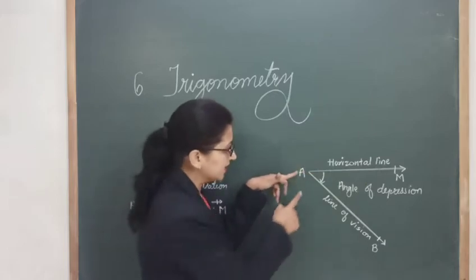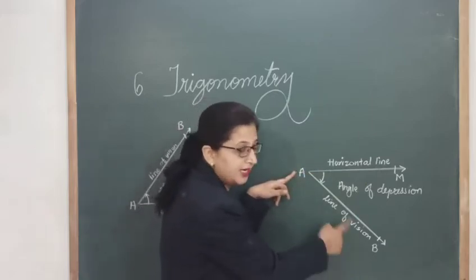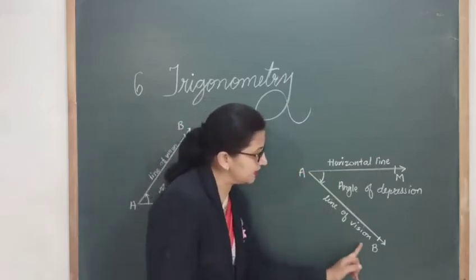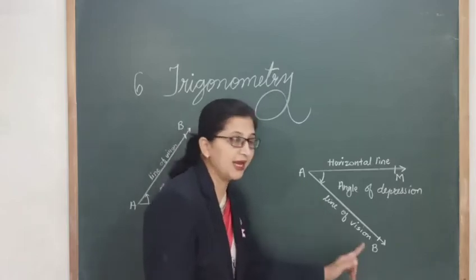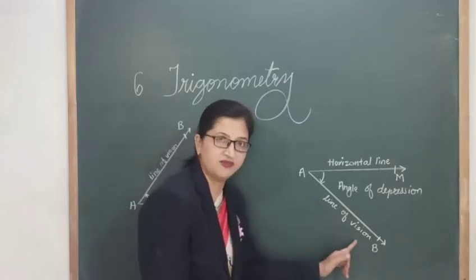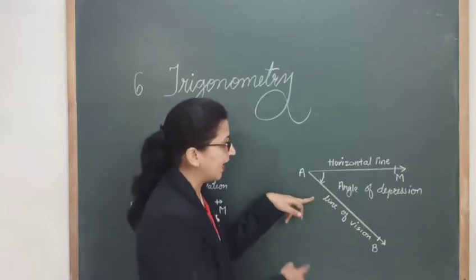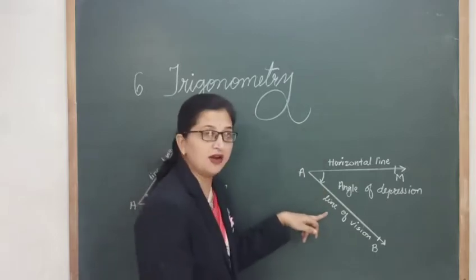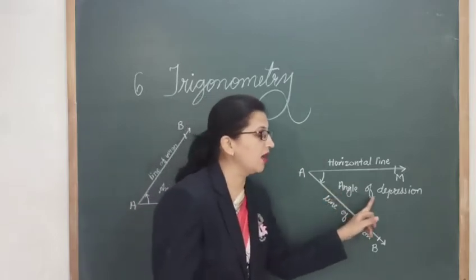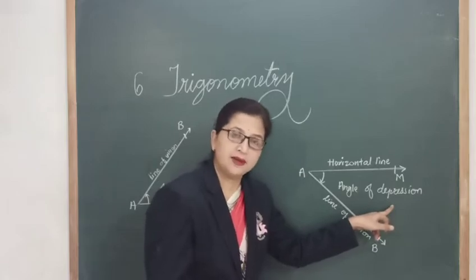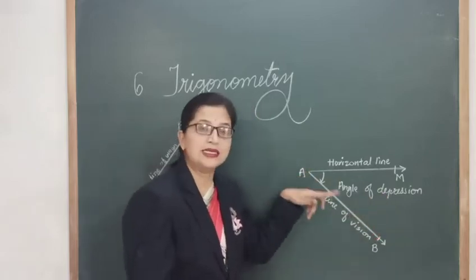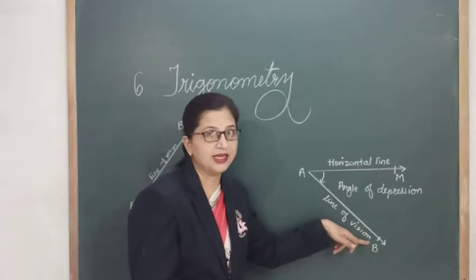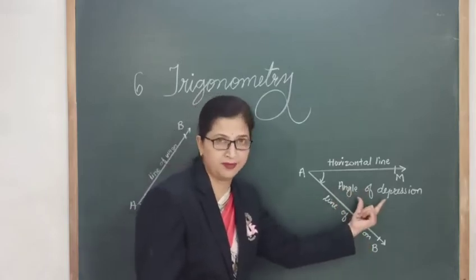Now the person is looking at the object which is downside, so this segment AB or this ray AB we can call the line of vision. Now the angle between this horizontal line and the line of vision is called the angle of depression. It means that when the person is looking downside, then there is a formation of an angle of depression.